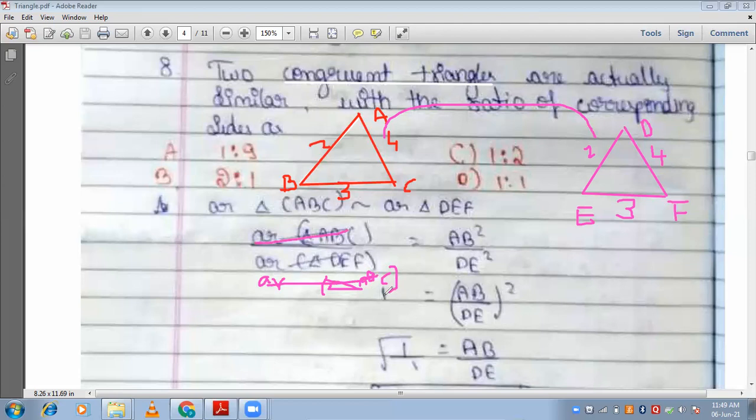You will get 1 is equal to AB divided by DE whole square. Square is there, so take it to the left hand side, it will become square root of 1 equals AB by DE. Square root of 1 is 1, so 1 is to 1. Which option is right? Option D is correct.